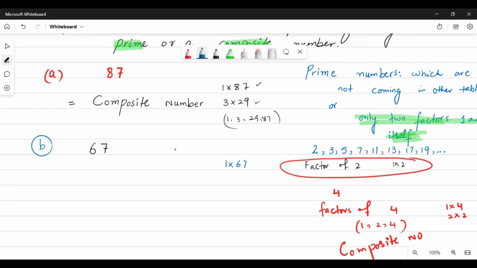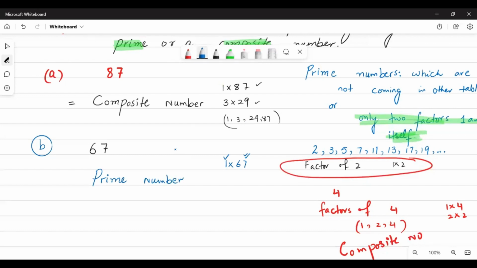It means that 67 cannot be divided by any other number. As it cannot be divided by any other number, it has only 2 factors, 1 and the number 67 itself. So we can say that 67 is a prime number.